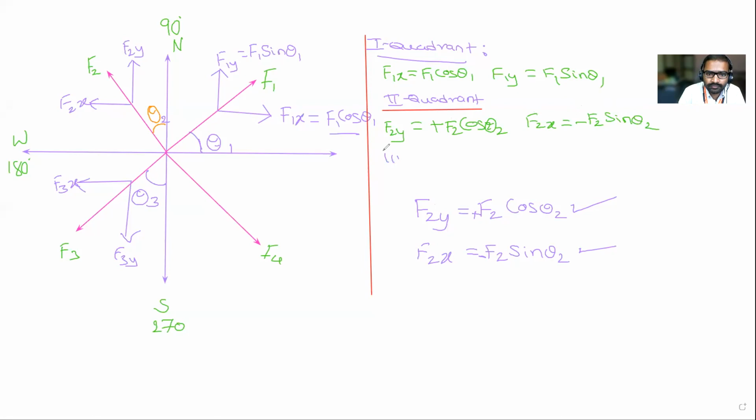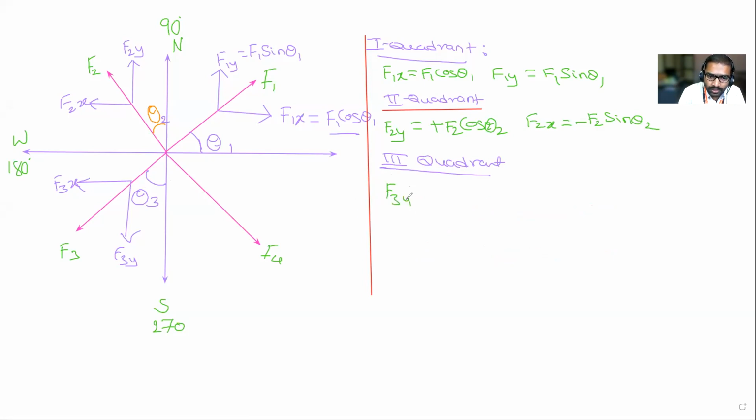Next I will move to the third quadrant. What will be in the third quadrant? F3x. Here the angle theta 3 is with respect to the vertical, so first we write the vertical component, F3y. Is F3y moving in the upward or downward direction?